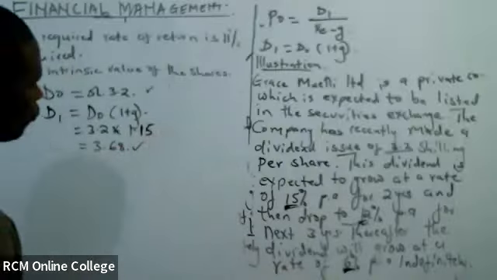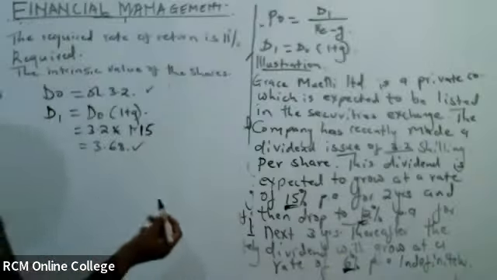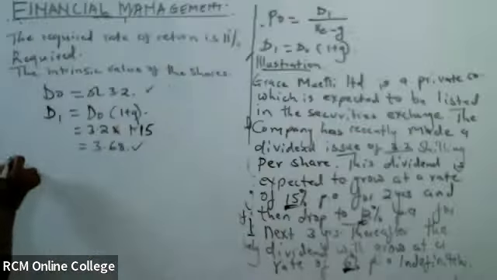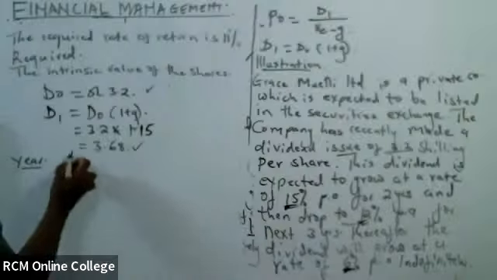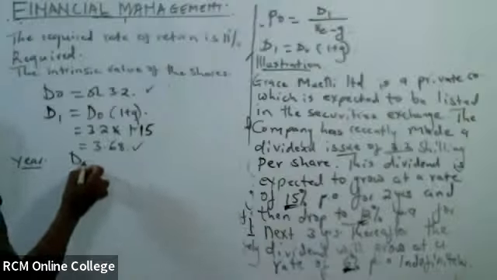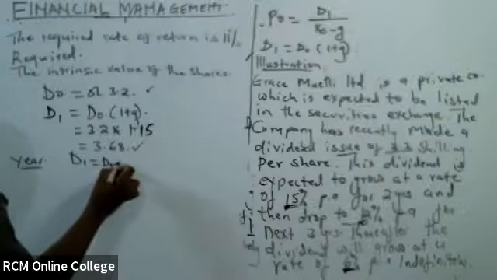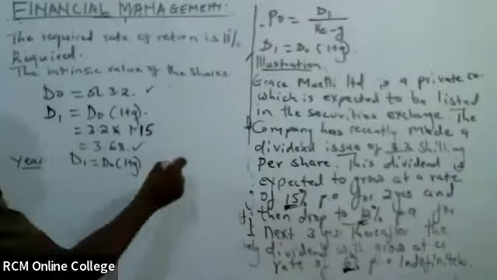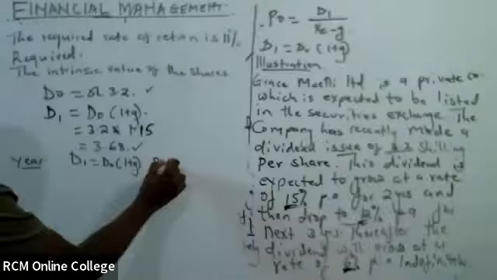To solve this question, it tells you that you need at least a table. So we have the year, and we have D1 is equal to D0 times (1 plus g). And then at the end of the day, we have to discount using PV.